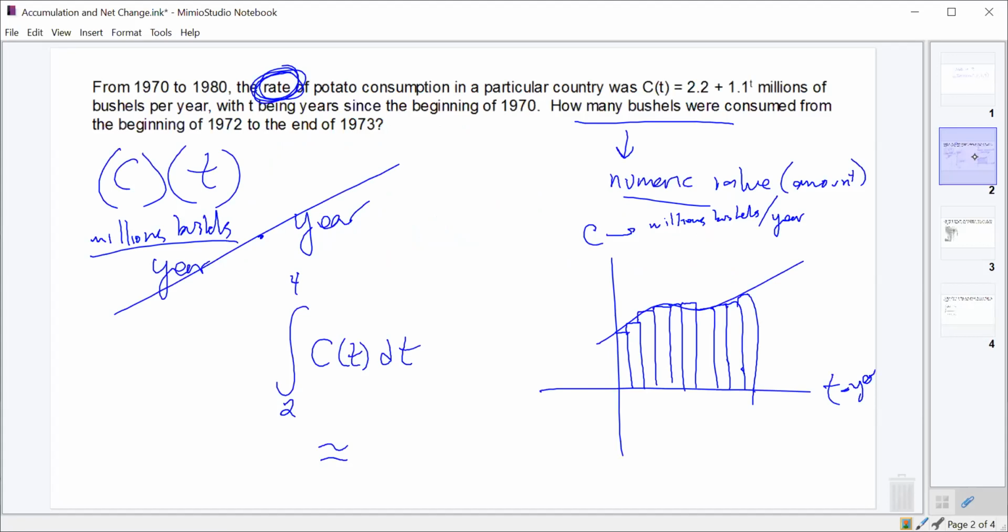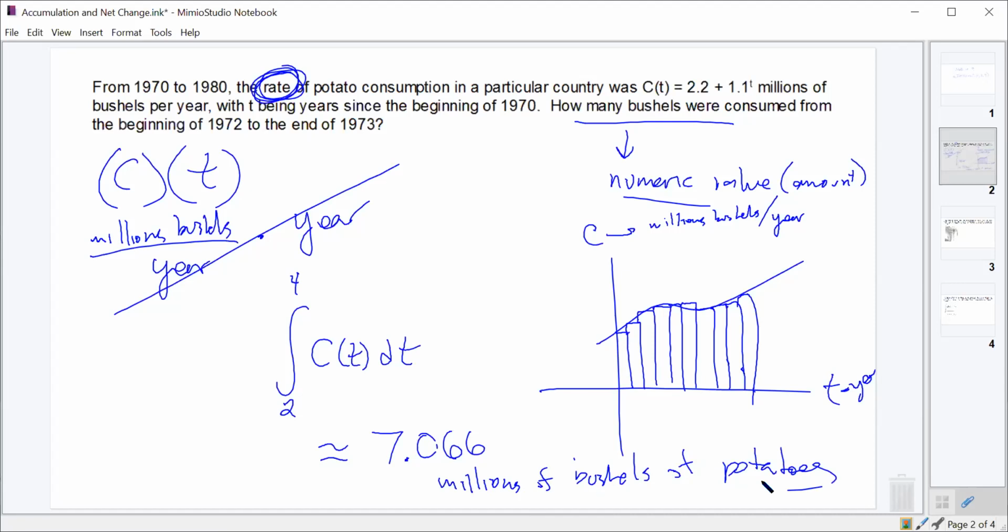And that ought to give you the same value. And what do we get? Somebody must have a value for that already. 7.066. 7.066 millions of bushels of potatoes. Perfect. Sounds good.